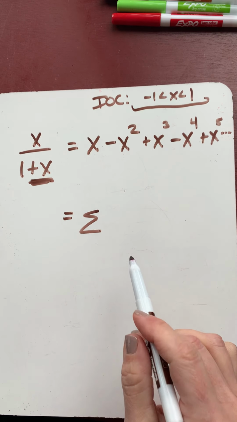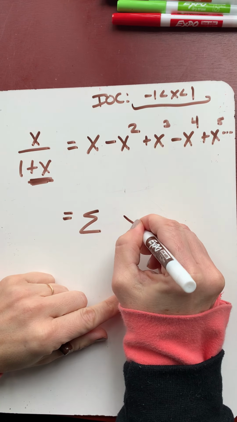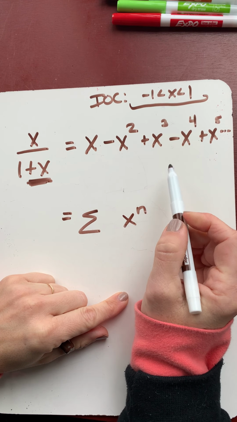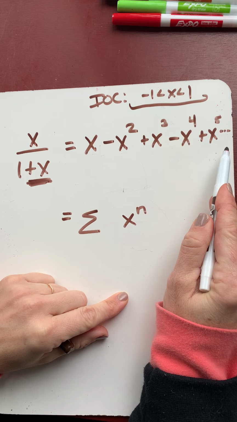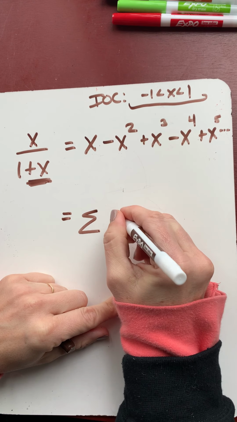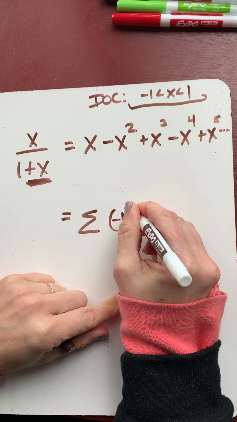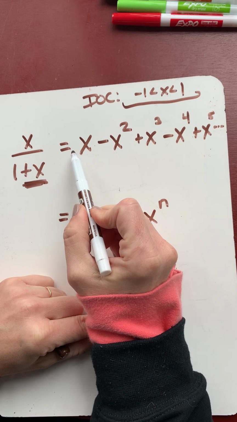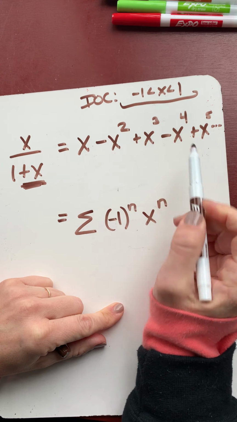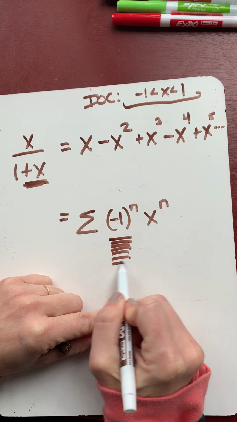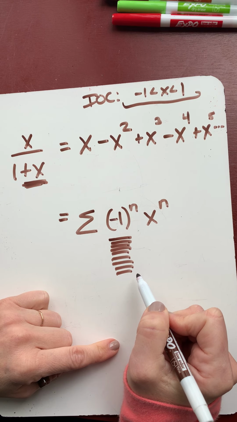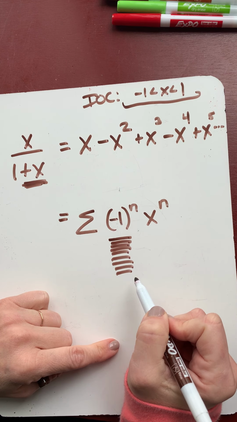When I'm looking at it this way, I'm seeing that this is x to the n. And the only exception is my powers switch every other time. So I'm going to make this -1 to the n, x to the n. Whenever I see the powers go from positive to negative, I like to use what I call an alternator. You don't have to, but I just wanted to introduce this way of thinking.